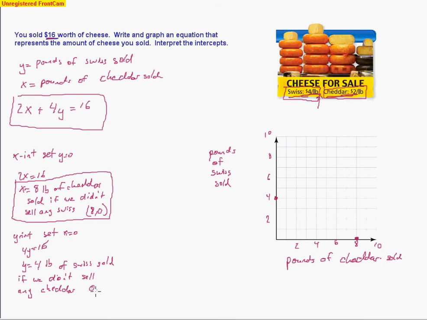So we sold no cheddar, and we'd end up selling 4 pounds of Swiss because we sold $16 worth. And so the points along this line that I draw are possible solutions for our answer. We could take a point from the line and carry it out to the y-axis, carry it out to the x-axis, and that would tell us the number of pounds of each that we ended up selling.